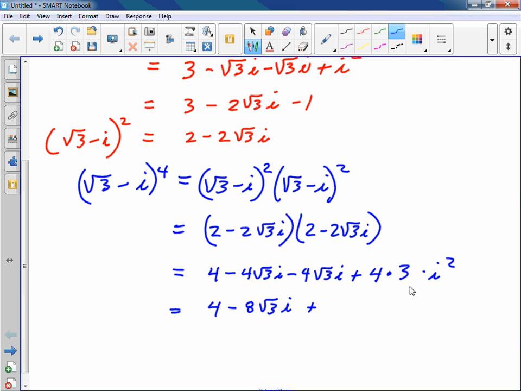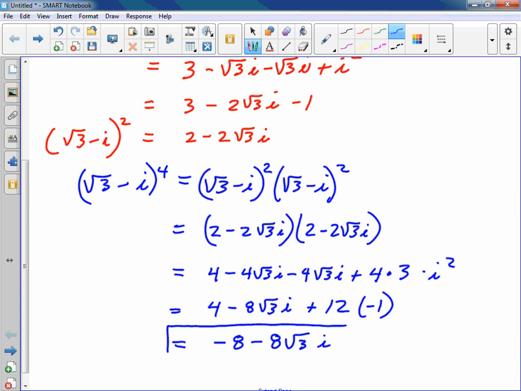So then 4 times 3 is 12. So plus 12. And of course, i squared is negative 1. 12 times negative 1. So when we put all that together, we get negative 8 minus 8 times the square root of 3 times i. Okay? How cool is that? I like it.